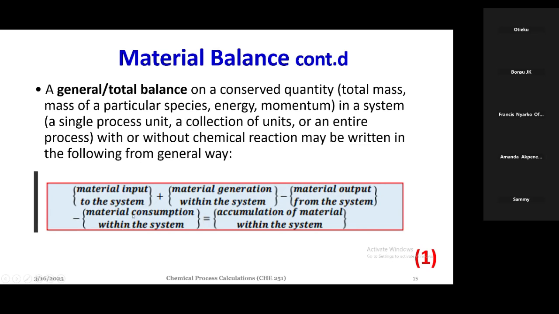Now for the material being consumed: I fed in 20 kilograms of salt, and let's say 8 kilograms of the salt was consumed to produce the product that I want. So 15 minus 8 gives us 7.